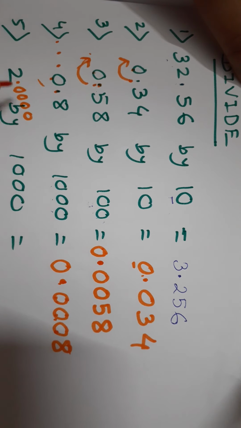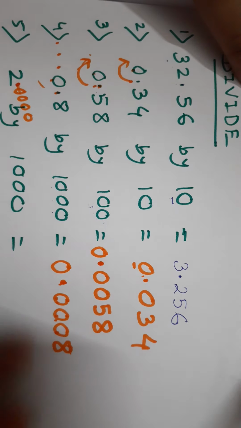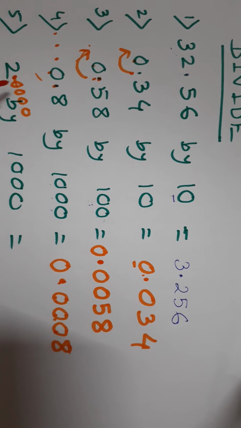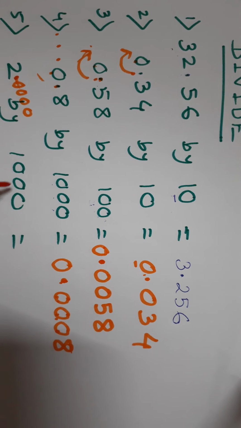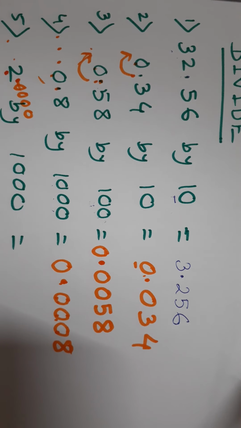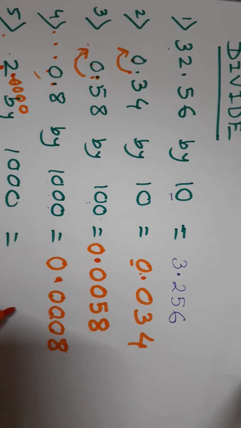That means we have to shift this decimal point to the left side, and that is also 3 places. So we already got 1 place. That means 2 more zeros we have to add in front of the 2 to get those 3 places.